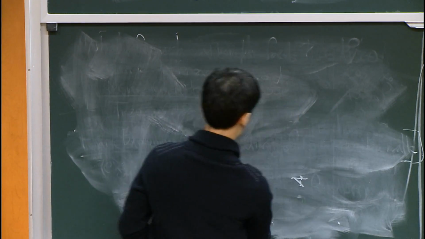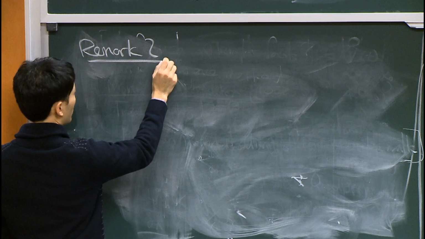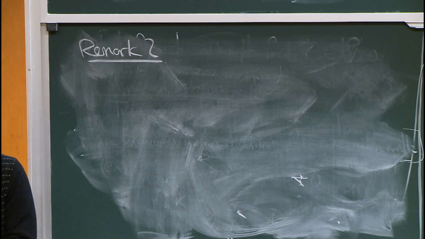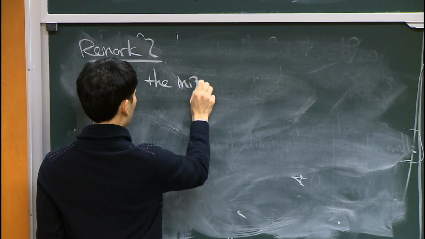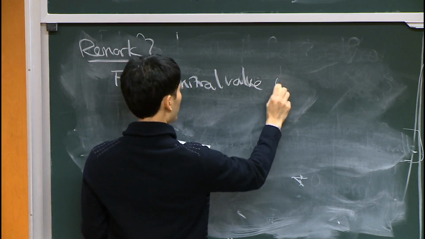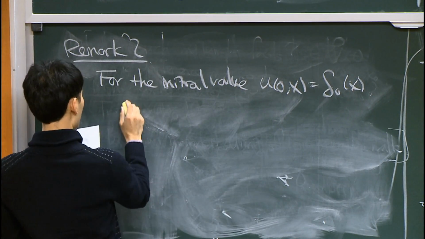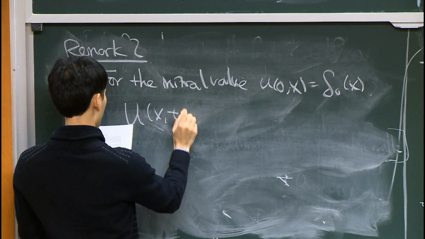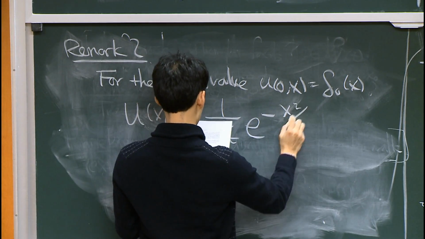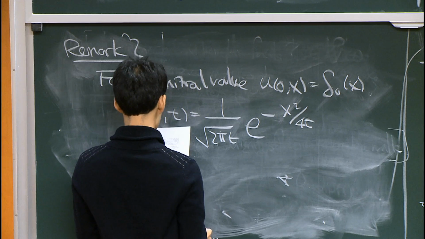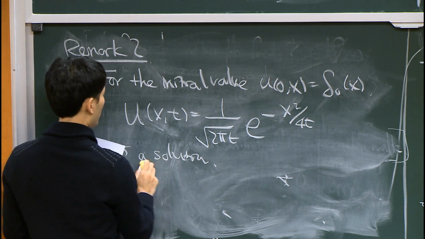Second remark: for the initial value u_0(x) equals the Dirac delta function, u(t, x) is our solution.